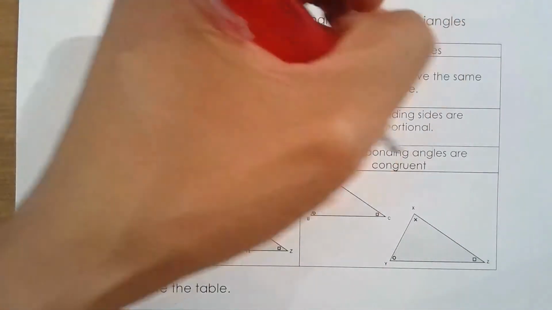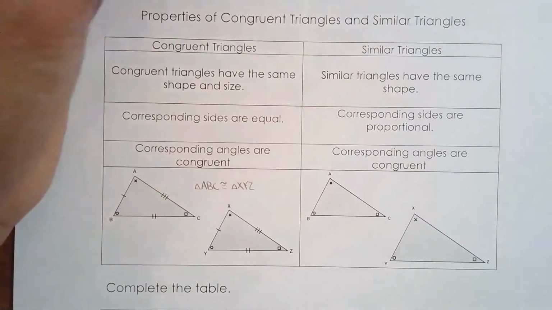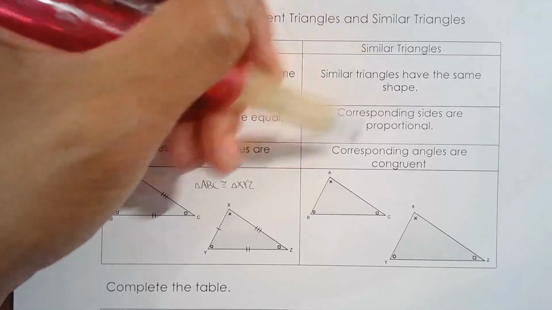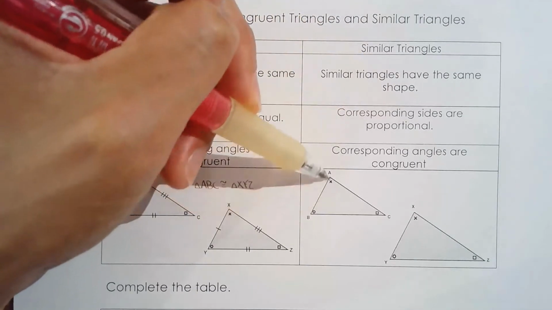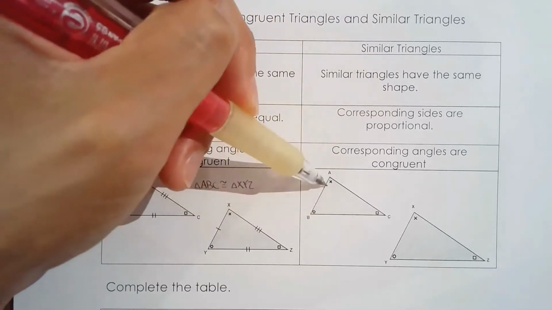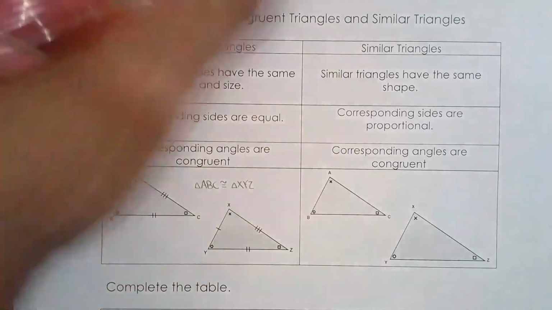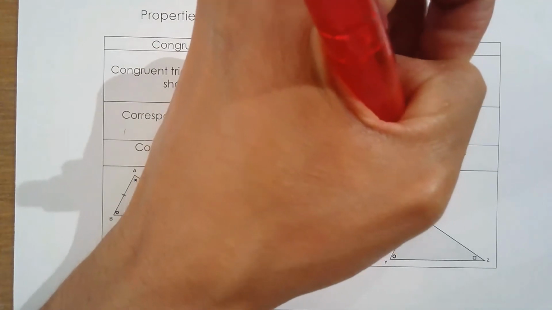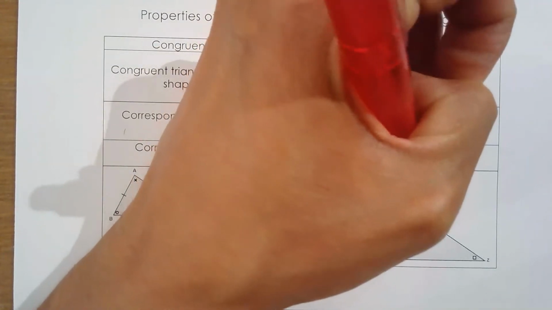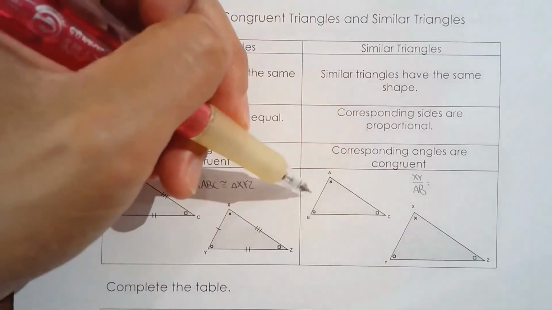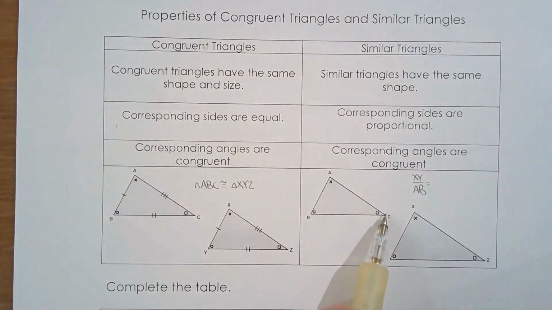But what does it mean for corresponding sides to be proportional? Let's start with the corresponding sides. The side corresponding with AB is XY, so let's do XY over AB. Whatever XY over AB is must be equal to XZ over AC.